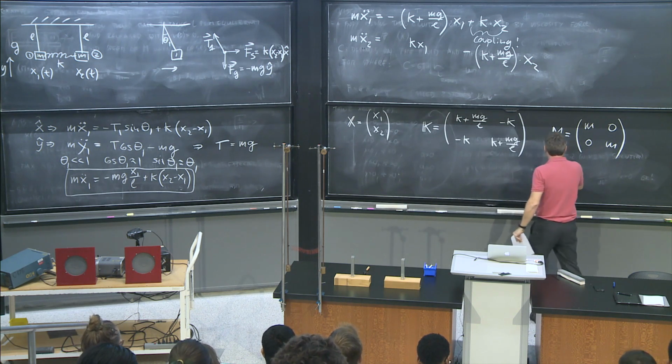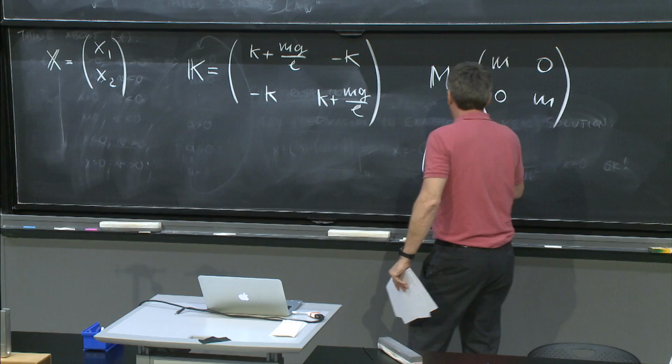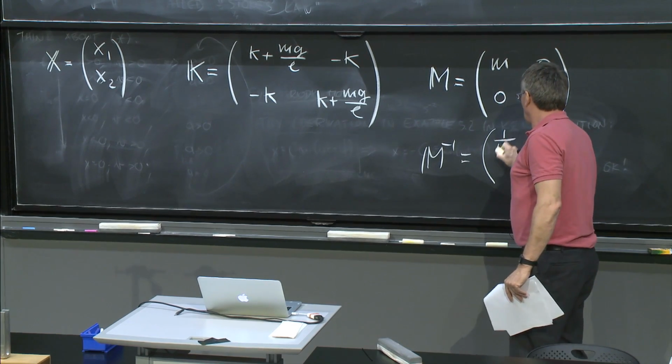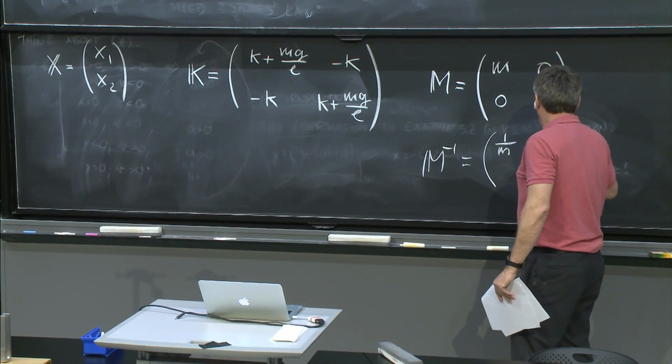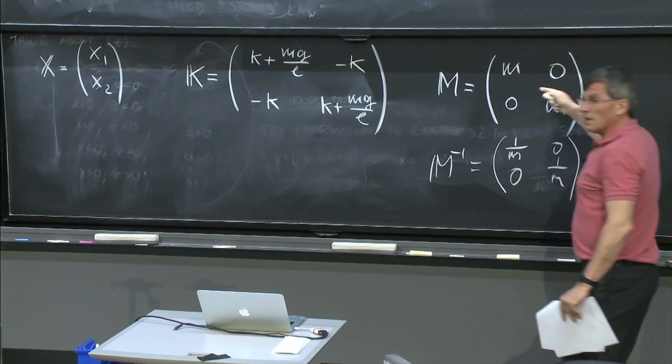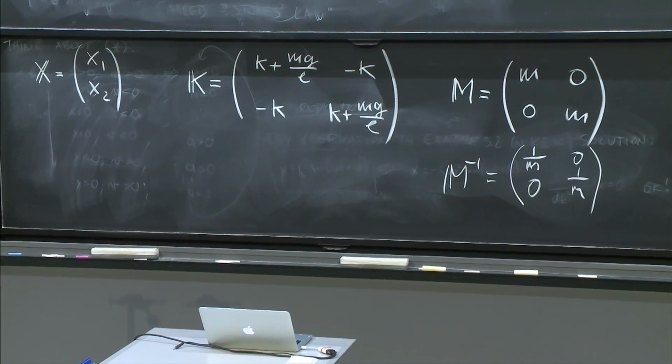I probably need another matrix. I need the inverse matrix for mass, which basically is 1 over m, 0, and 0, 1 over m. This is an inverted matrix.